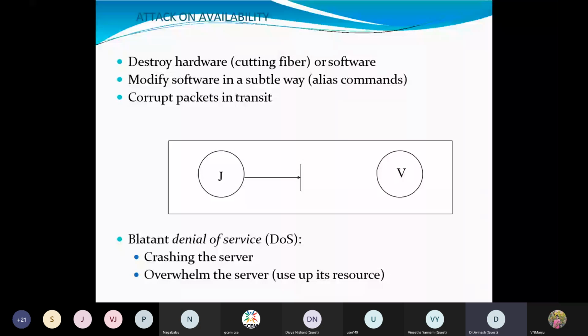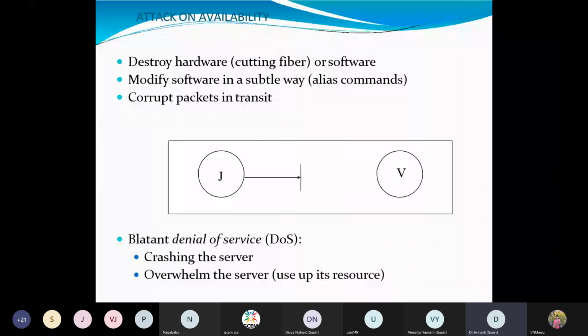Sometimes we can also make it possible that the server is crashed, then it is called denial of service. In that case, the software is not functioning, so the software is not available, and in the first case the hardware is not available. So both types of attack are basically attacks on the availability of hardware and software.